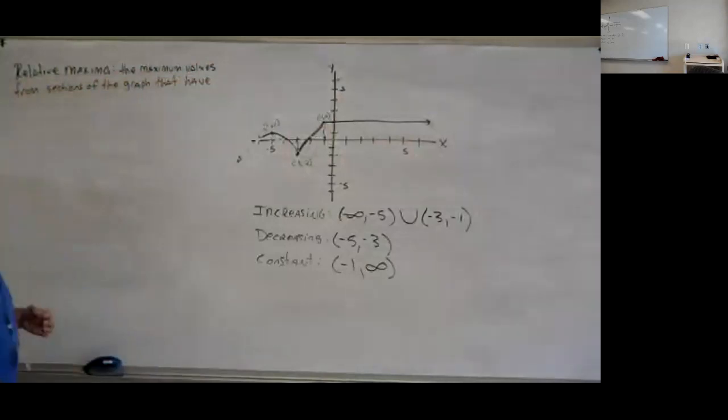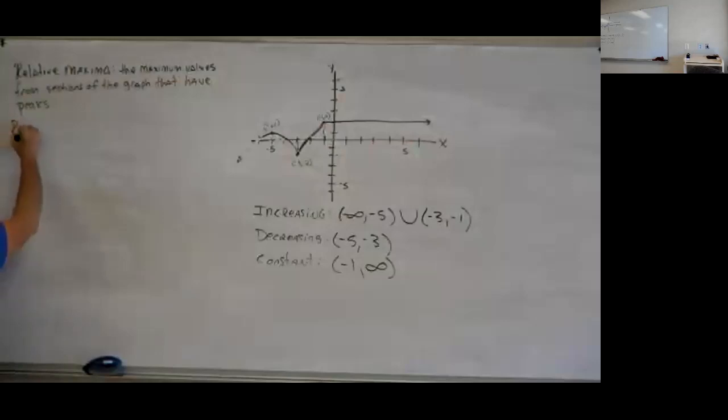That have peaks. Okay, so I might have 3 relative maximums in the graph, but I might have 3 little peaks in there, okay? But that's all they're looking at, is it's relative to these sections, okay?